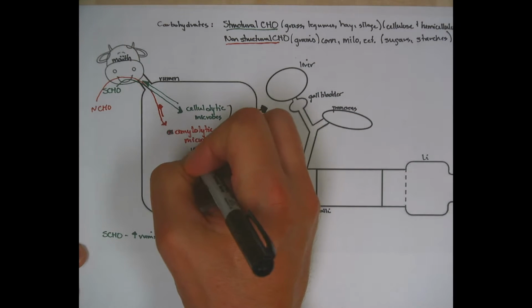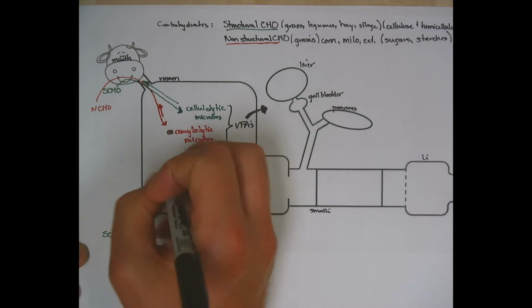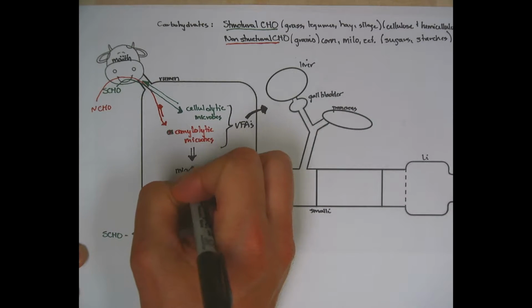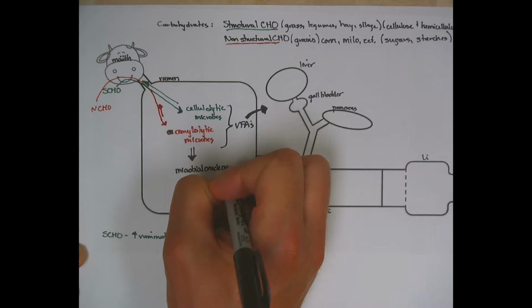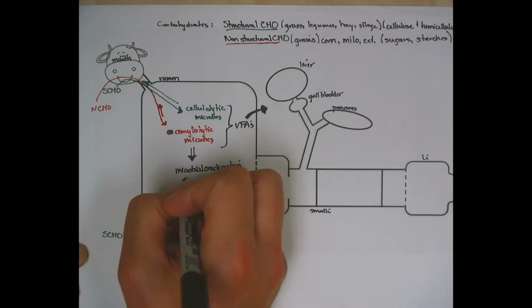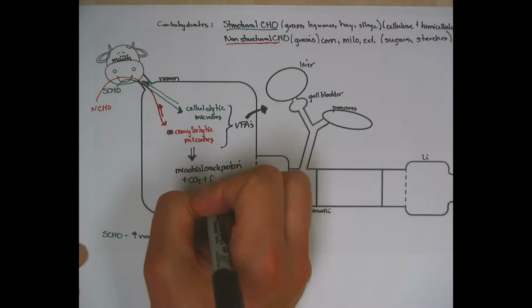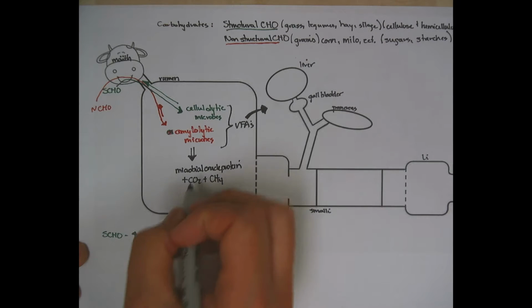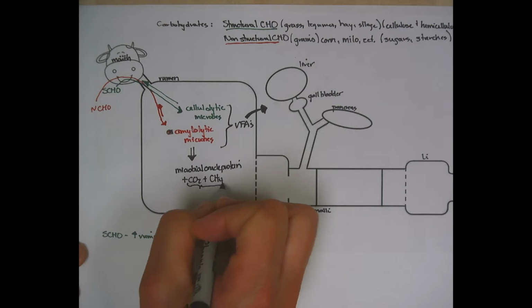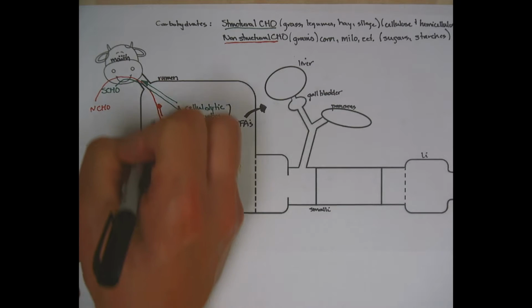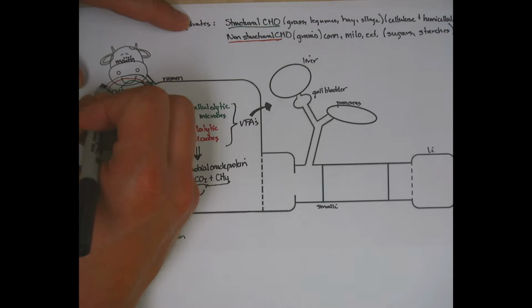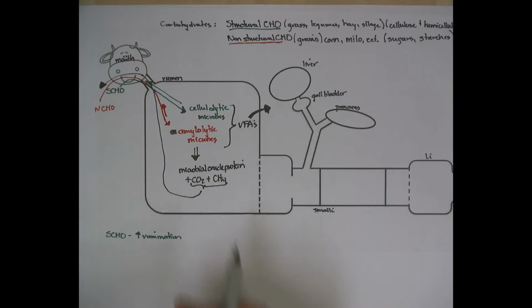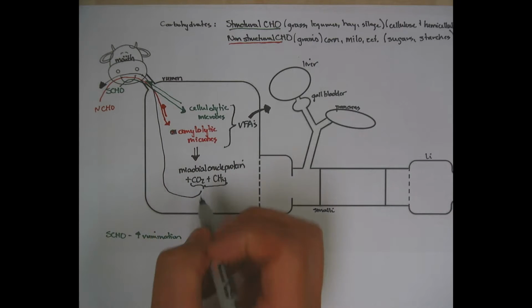Okay, the other thing we end up with is microbial crude protein plus CO2 plus methane. Okay, the CO2 and the methane are eructated, okay, they're burped out of the animal.